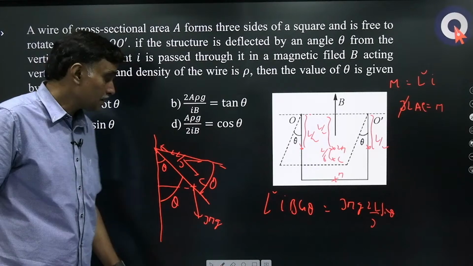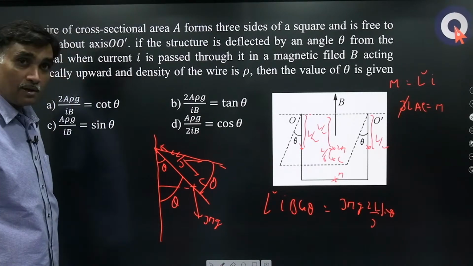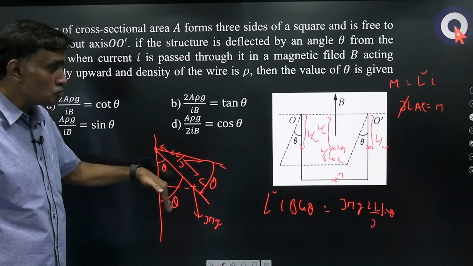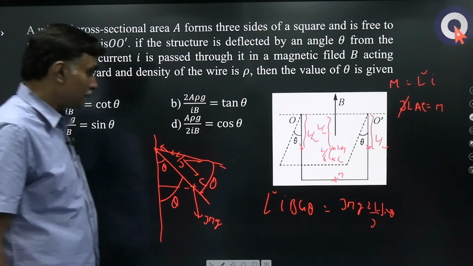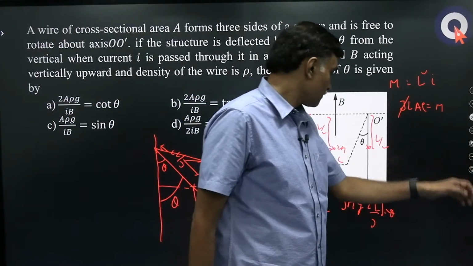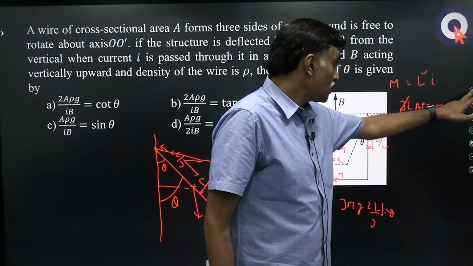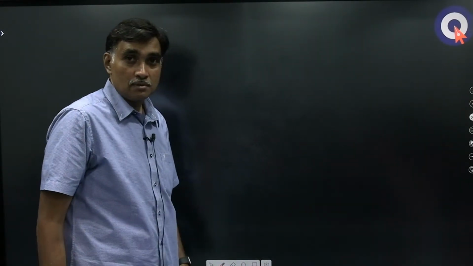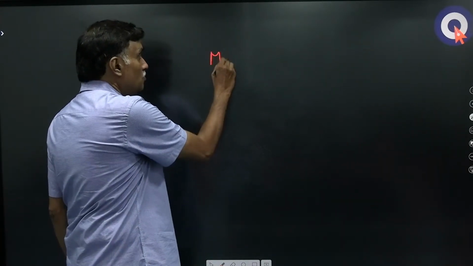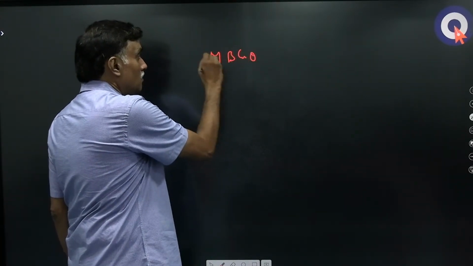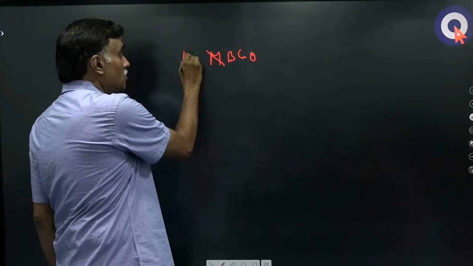So work done by gravity will be negative, and work done by torque due to magnetic field is positive. What is work done by torque due to magnetic field? What is torque due to magnetic field? It is m into b into sine of 90 minus theta, that is cos theta. So it is m into b into cos theta. And what is m? I into L square.